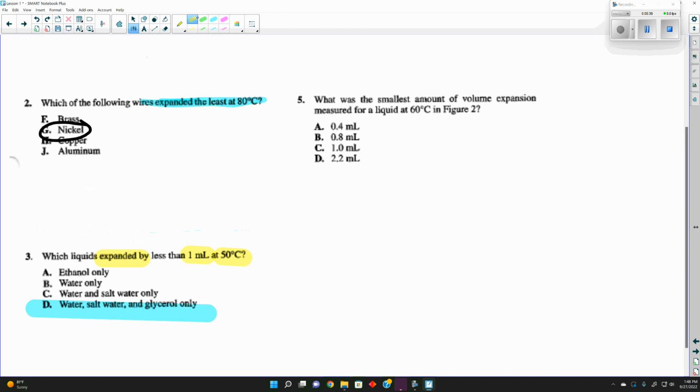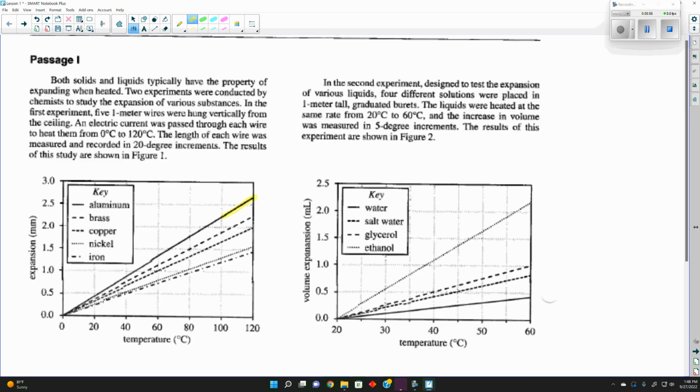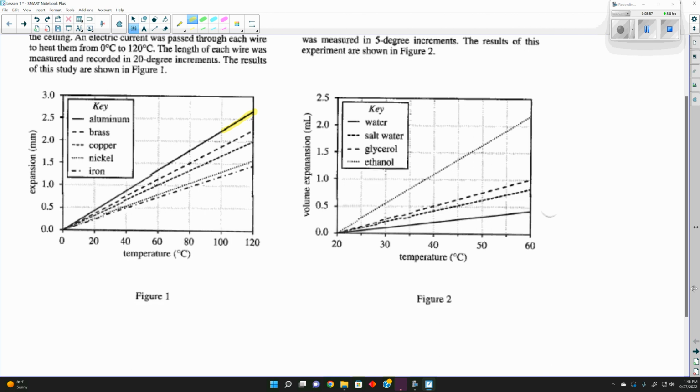Last question for this passage, number 5. What was the smallest amount of volume expansion measured for a liquid at 60 degrees Celsius? And we're talking about smallest volume expansion, yes? So we're looking at figure 2, because figure 1 is talking about a wire being extended, millimeters.